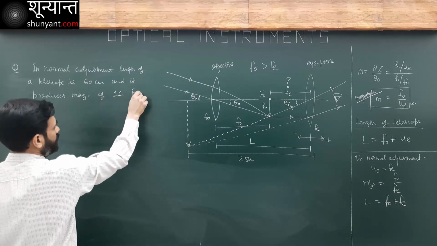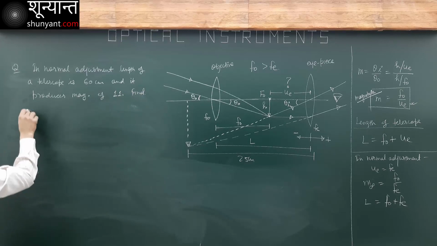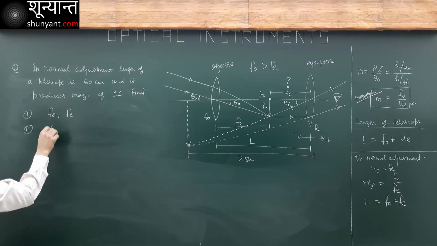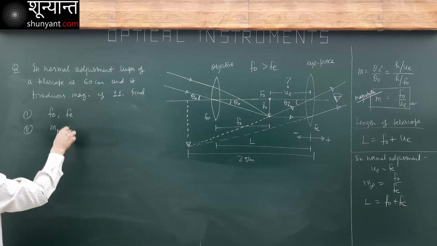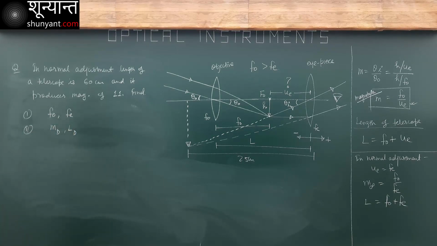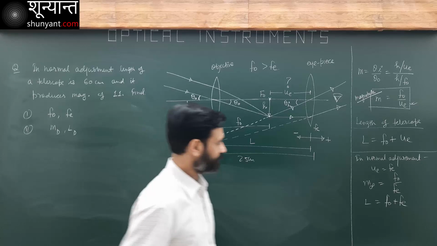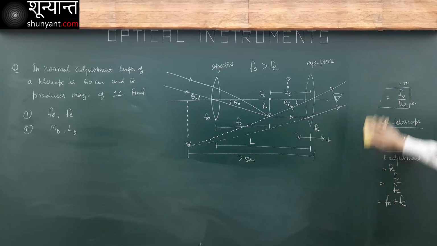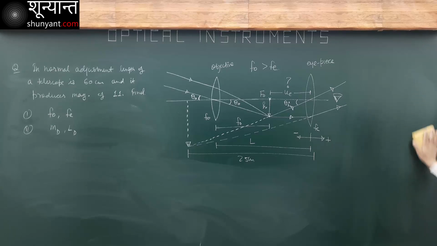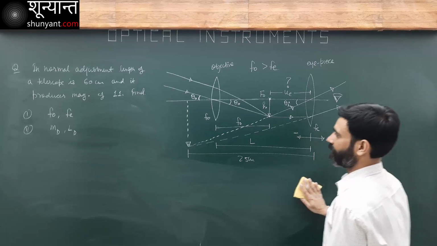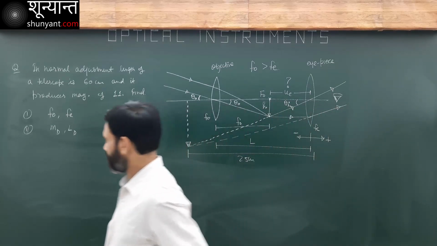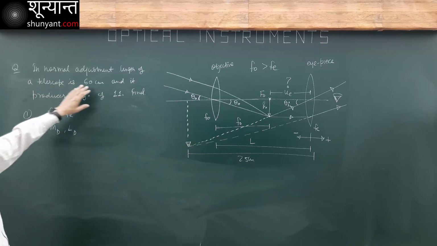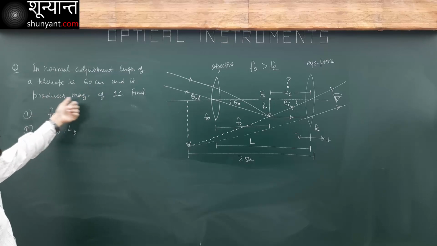Okay, find first FO, FE and second MD and LD. Okay, can you find it? In normal adjustment, the length of the telescope is 60 centimeter and it produces a magnification of 11.